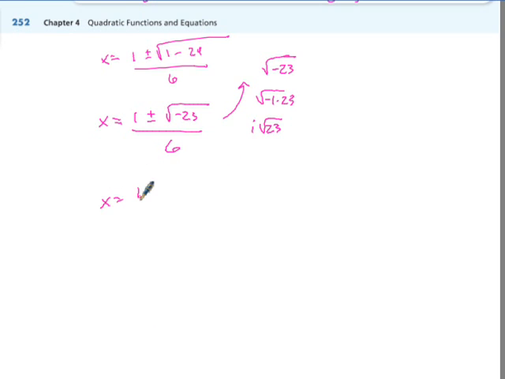Let's say 1 over 6 plus or minus the square root of negative 23 over 6. Because remember, we always want these in the form of a plus bi. Then all I have to do is simplify this radical and make that i times the square root of 23 over 6. And as ugly as that is, that's your answer.